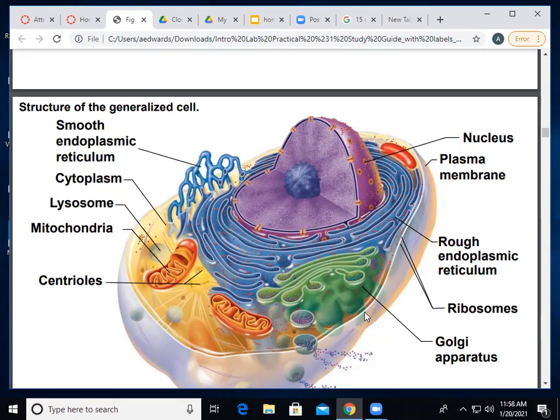But that's an overview of the components of a cell. Now, that's a general eukaryotic cell with a nucleus like you'd find in your body. The ones with the black background in the back, those are neurons, those are nerve cells, they're still cells. So most of the structures that you'll see are still in there.